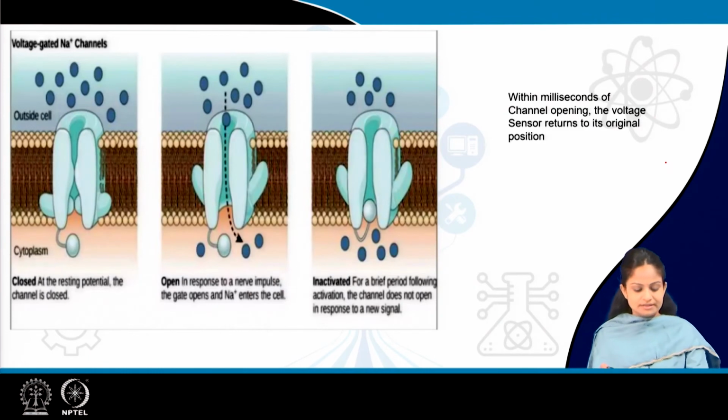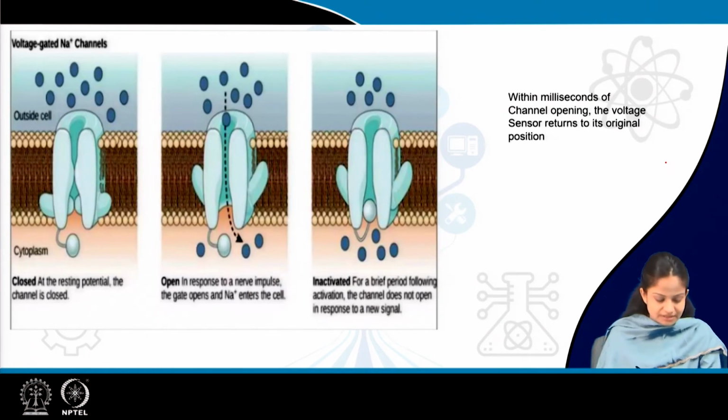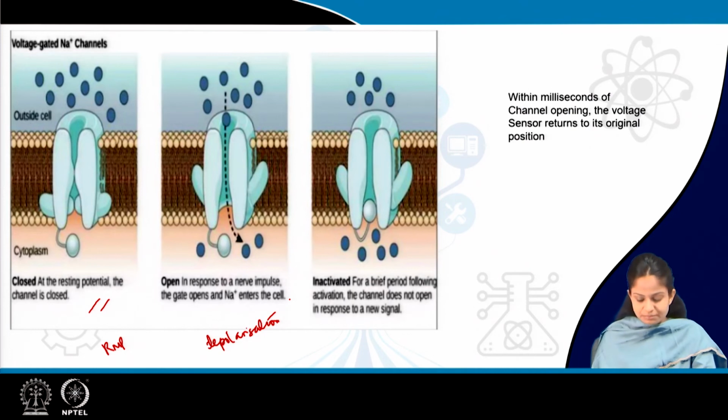Now, this is the further simplified diagram. At the closed state, the resting membrane potential, the channel is closed, this is the RMP. At the open state the channel is open because of the depolarization, there is influx of sodium ions and generation of the nerve impulse.